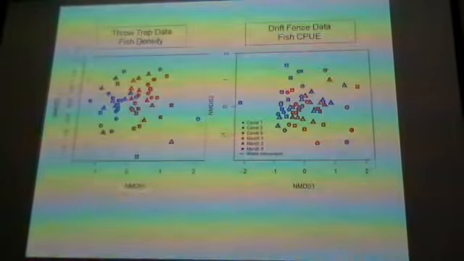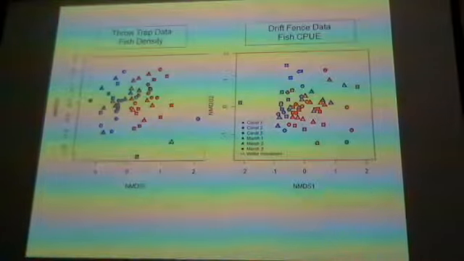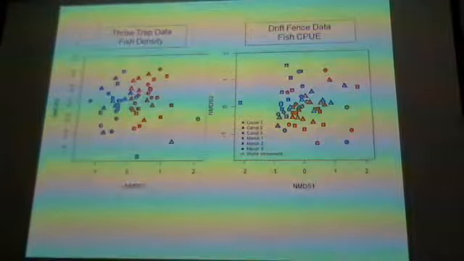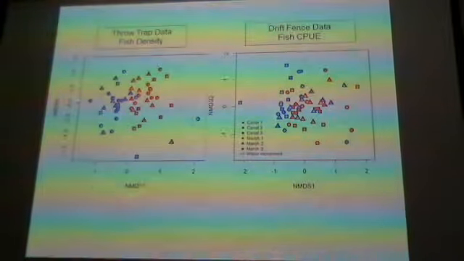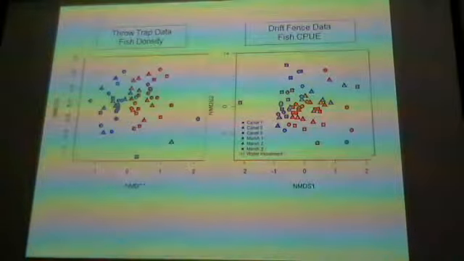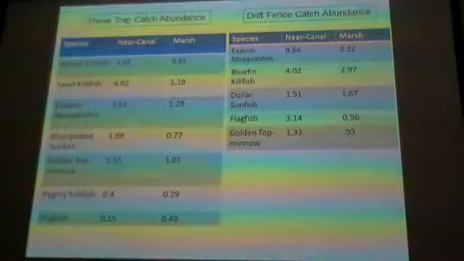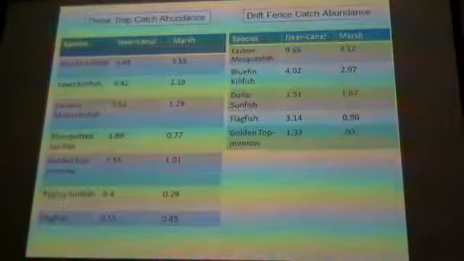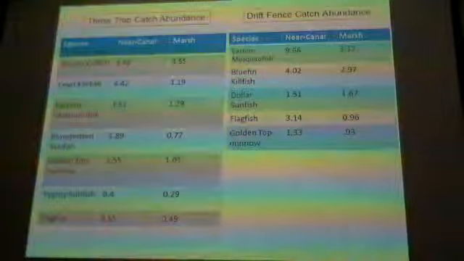But if we look at an NMDS plot of the community, we do see the blue is the canal sites, red are marsh sites. You do see some pretty stark differences in where the communities lie, especially with throw trap. And ADONIS reveals the significance of this as well. And if you look at which fishes are contributing the most to the abundances of these different sampling types, you do see different species are promoting this change.